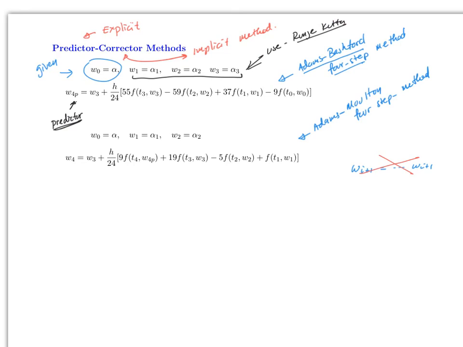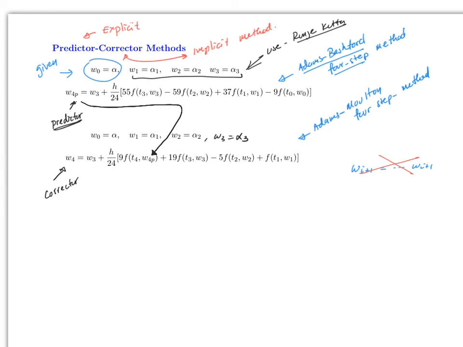Once you have done that, notice how we also have W3 equals W3. Then to use now the corrector, so this will be the corrector, you already have this value, this one, and this one. So instead of using W4 in here, we're going to use the predicted value. So whatever is the answer to this is going to go in here.